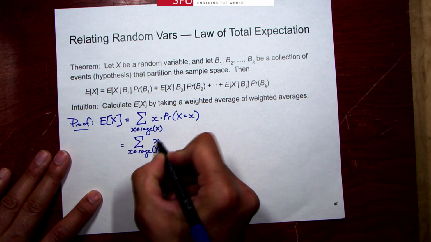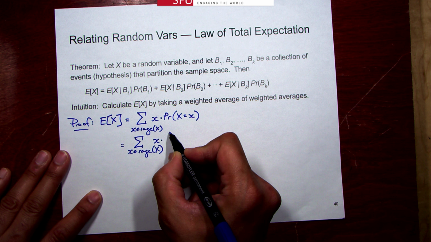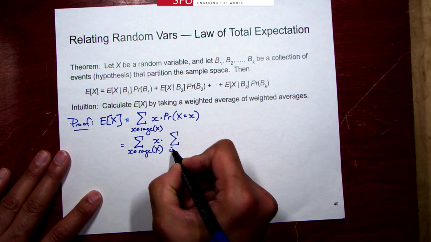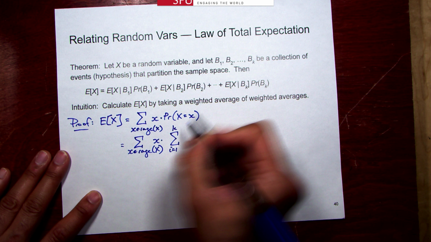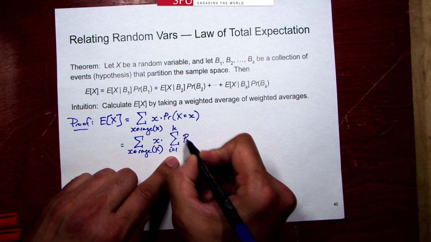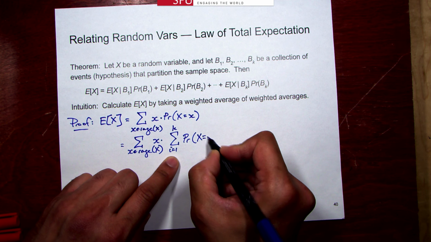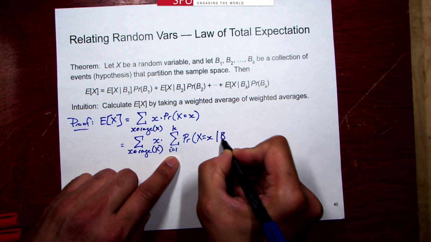So x times the sum from i equals 1 to k of each of these cases. It's going to be the probability that X equals x given hypothesis B_i times the probability of B_i.